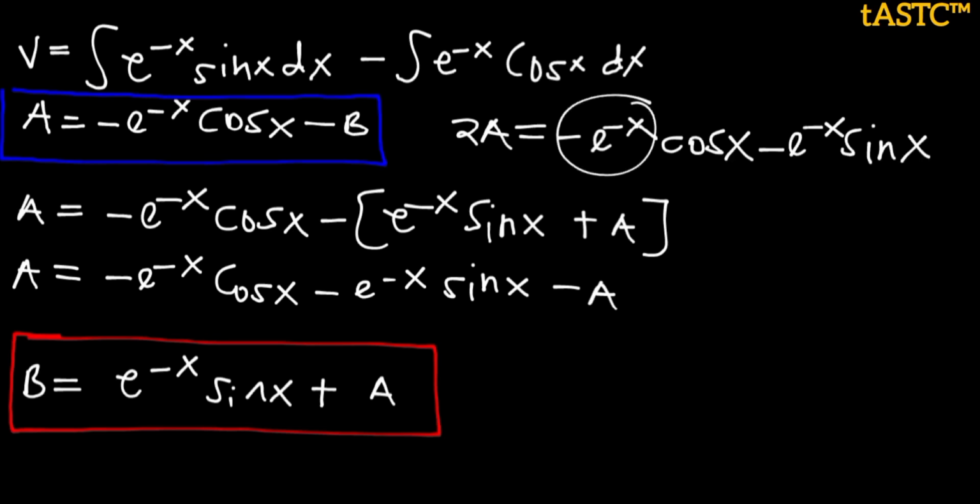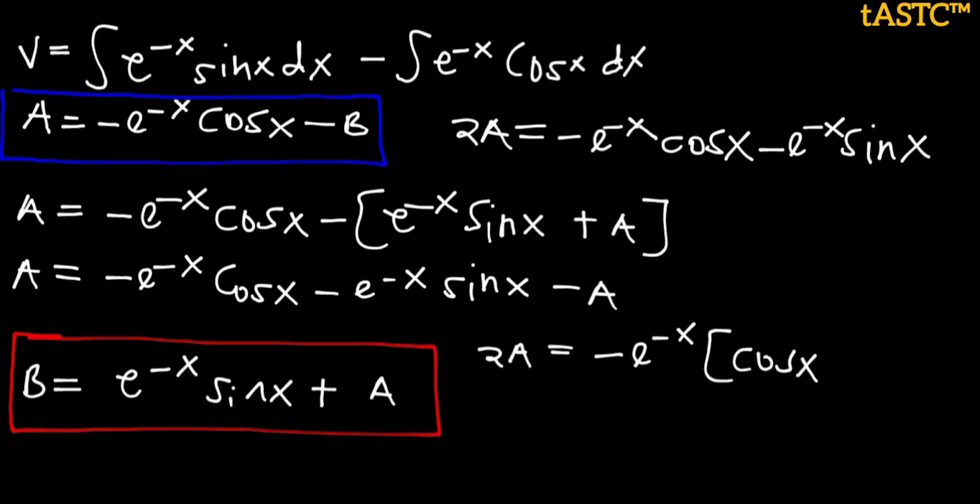So here now we find out this stuff could well be factored out. So let us try to do that. I'm factoring that out. That is going to be minus e to the negative x into cos x plus sine x. Okay, so a now, we could well tell what a is from this place.